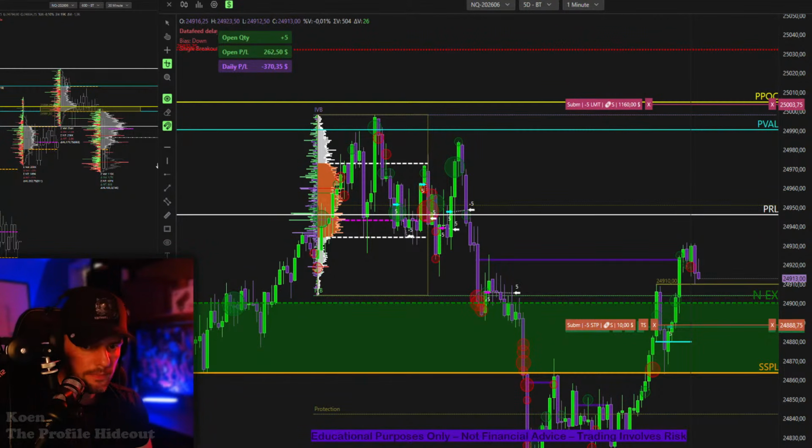I will check it out. Make or break in Q. Make or break. This is a little bit of a reload area. Probably expecting too much from price action right now, but we'll see what happens.